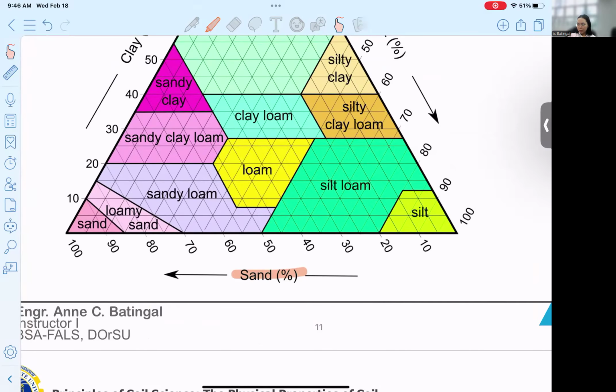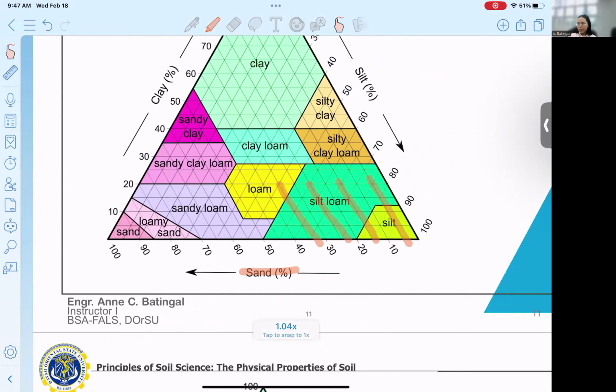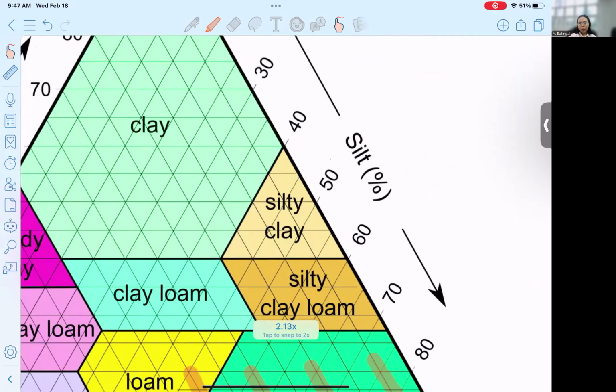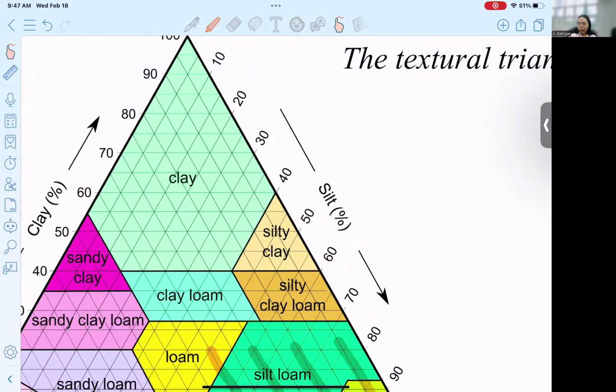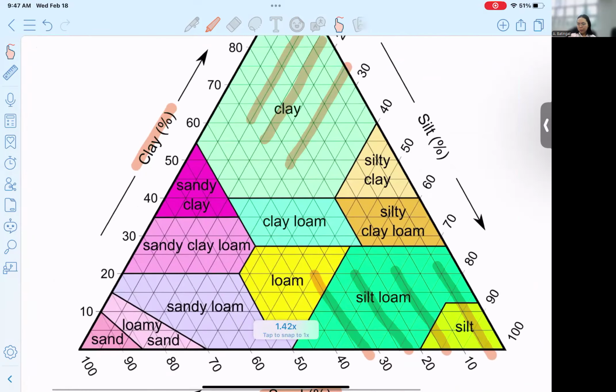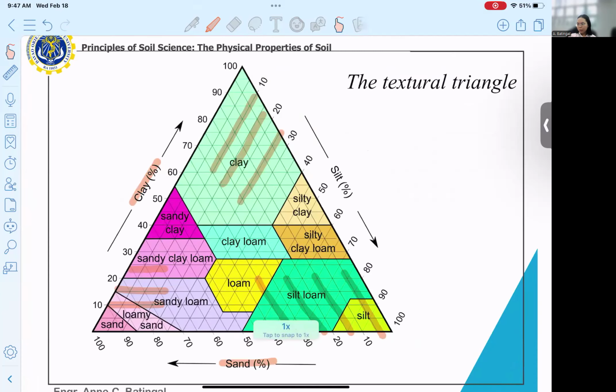So you look at your texture triangle, and that is the orientation of your sand. Next is your silt. The silt is on the rightmost part of your textural triangle. Its orientation is also 10, 20, 30, and so on. And then lastly is your clay side. That is its orientation: 10, going straight. Again, for clay, then for your silt, and then for your sand, it goes like that.